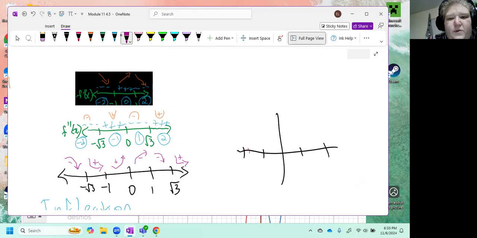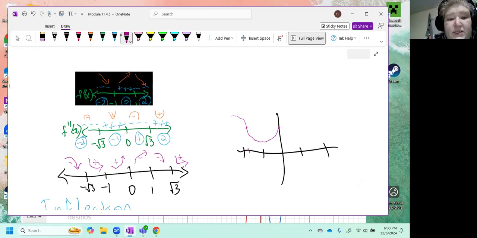so our negative square root of 3 is going to be around here. So it's going to be like decreasing, still decreasing. And then at -1, we have that min. So now we're going to get the increasing until we get to 0 with positive concavity.